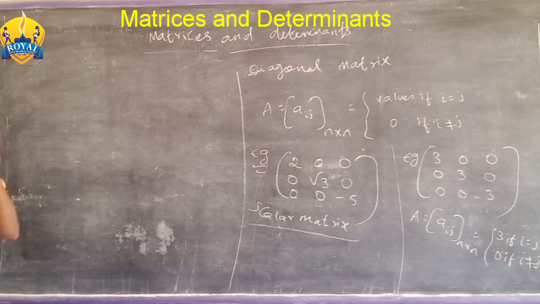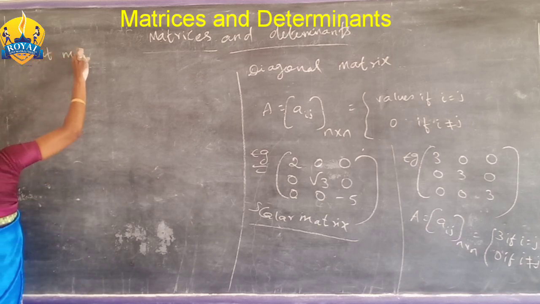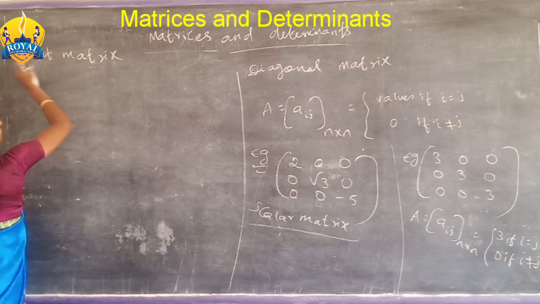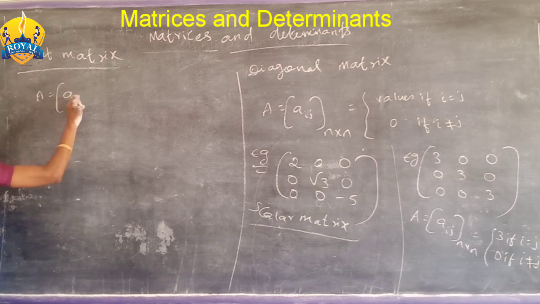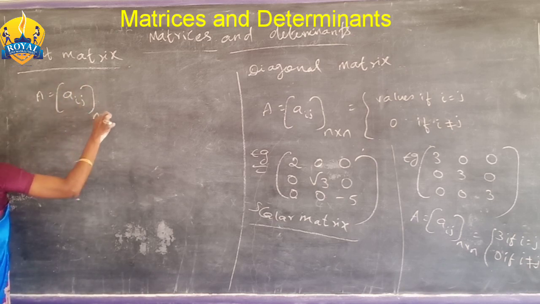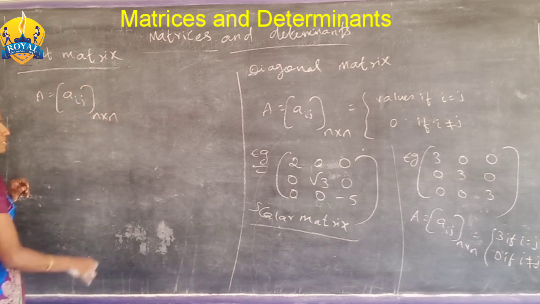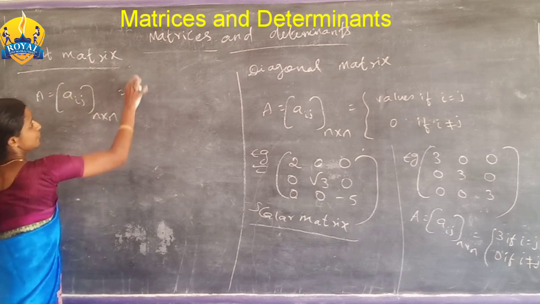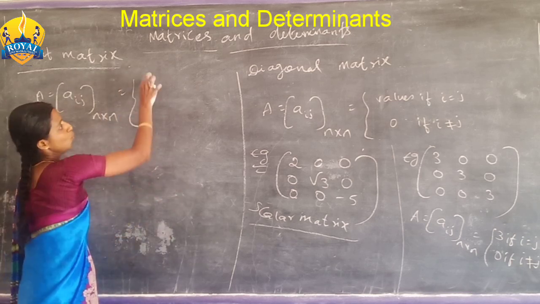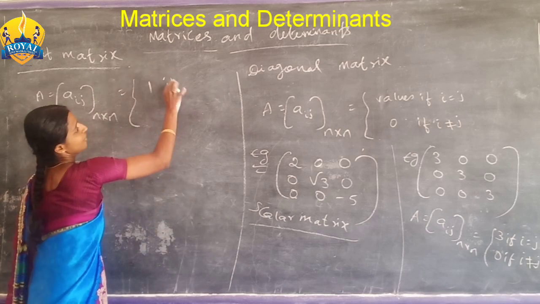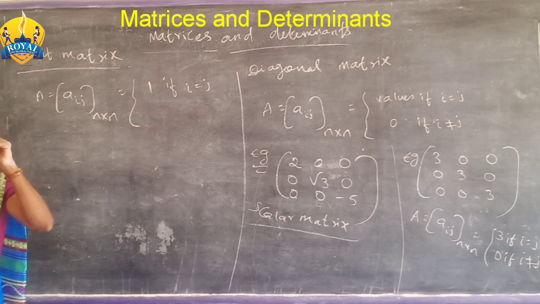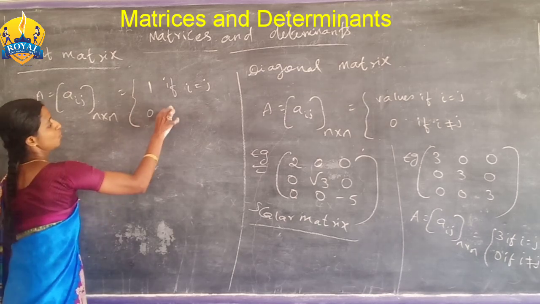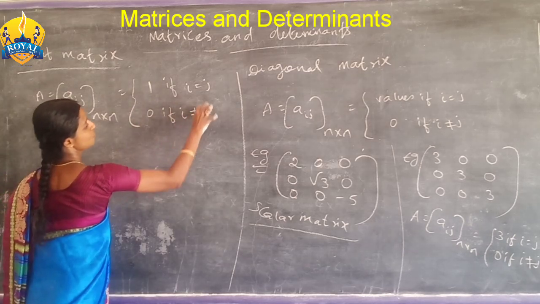Now with the same diagonal matrix, what do you mean by a unit matrix? A matrix A equal to Aij of order n cross n is said to be a unit matrix if this is equal to 1 if i equal to j; wherever I have i equal to j, I have the value 1, and 0 if i not equal to j.